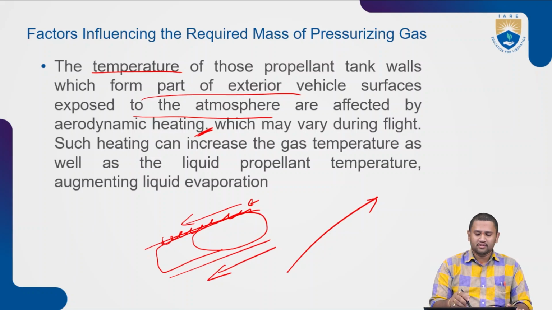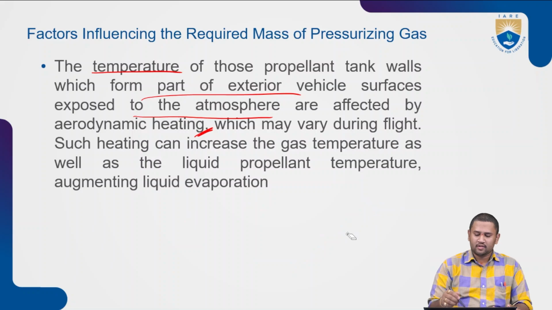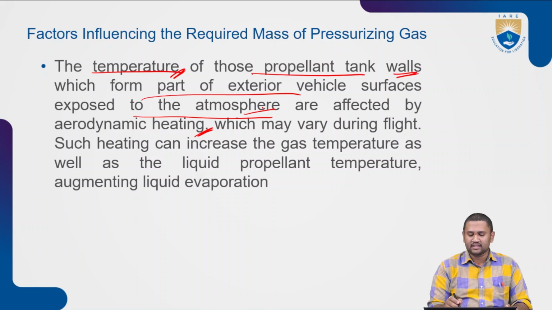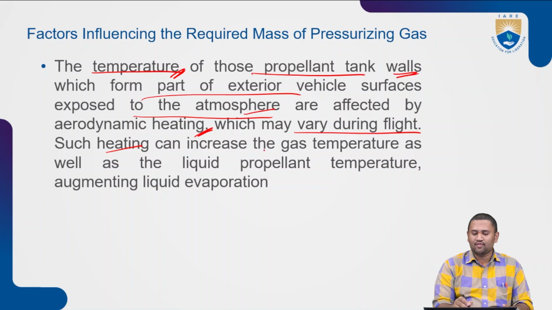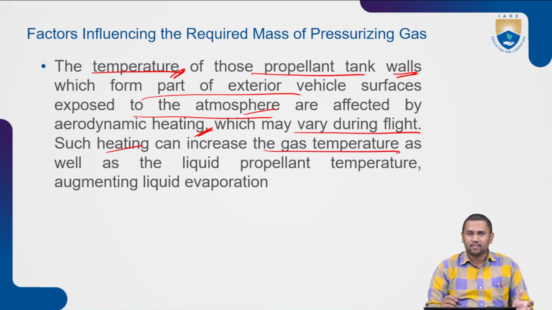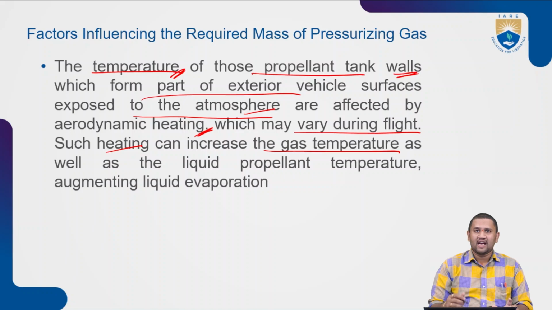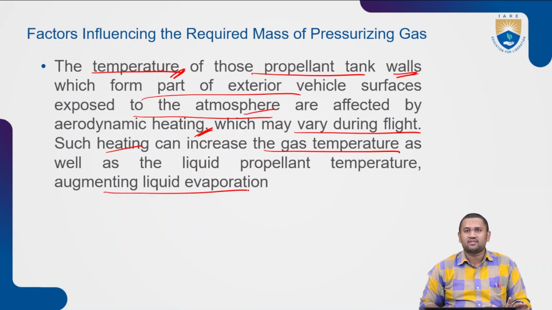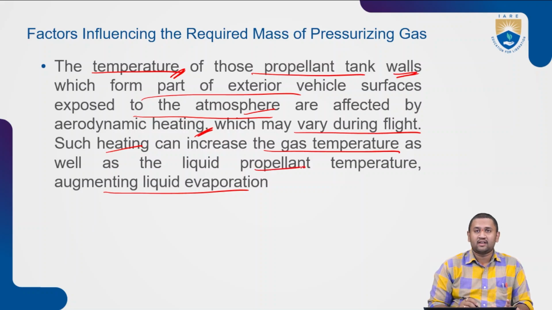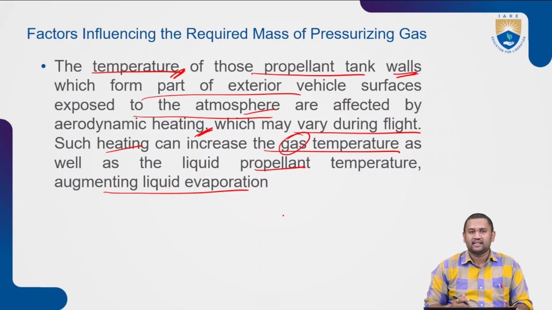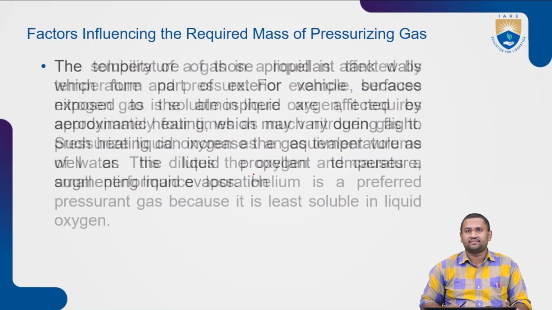So due to the ambient temperatures varying during the flight, such heating will increase the overall gas temperature, particularly of the liquid propellant as well as the pressurizing gas, and that enhances the rate at which the liquid propellant or the gas tends to expand, or in the other case, evaporate.